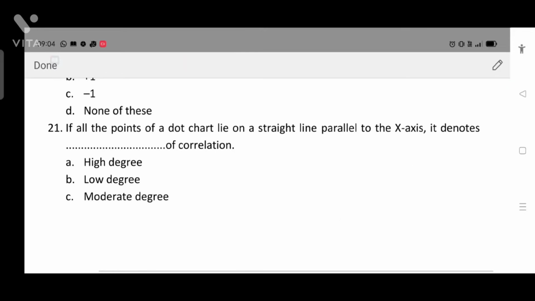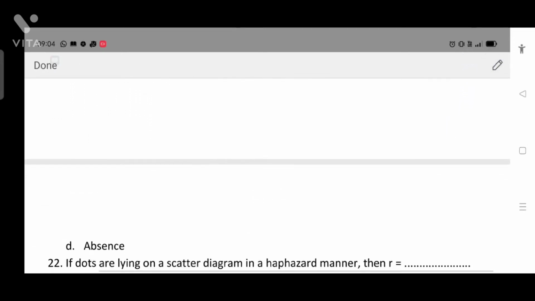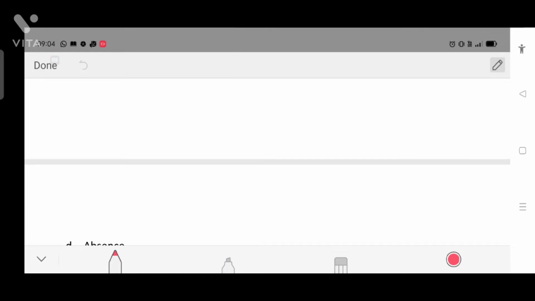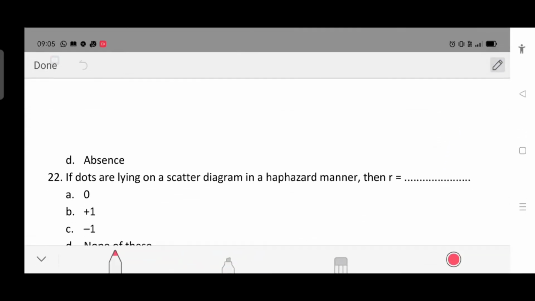Question 21. If all the points of a dot chart lie on a straight line parallel to the x-axis, it denotes dash of correlation. A, B, C, D. Answer means what? Are you guessing? D. Question number 22.